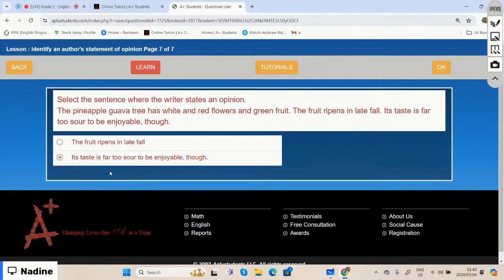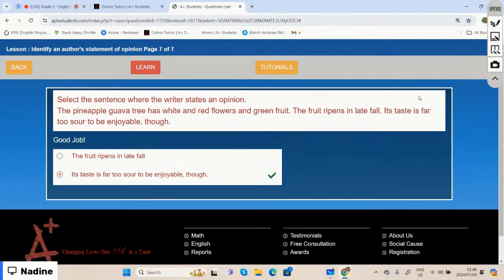Remember, some people love it sour, right? Some people love it a bit ripe.